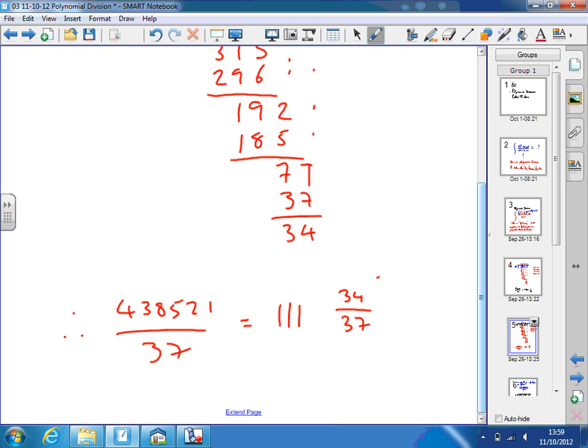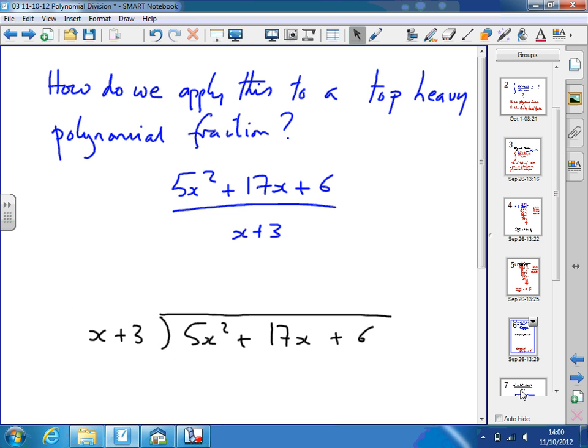Long division. So the way we set it out is really helpful when it comes to algebra. So let's look at an example where we're going to do a polynomial division, as it's called. Well, we'll come back to that one in the end, Mason, okay? So let's have a look at an example.